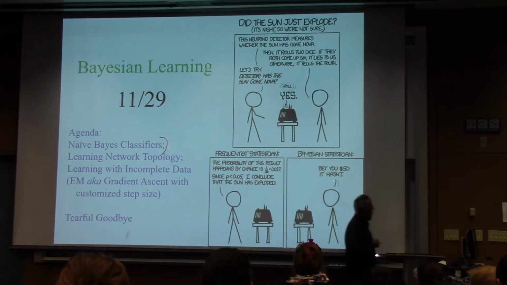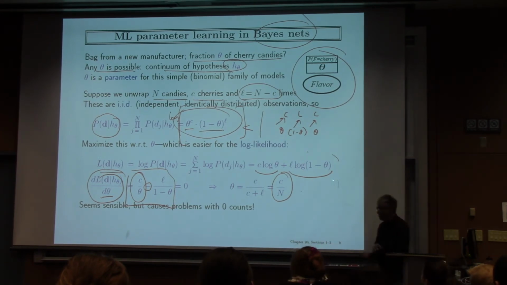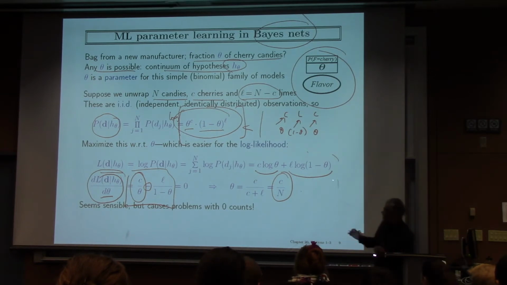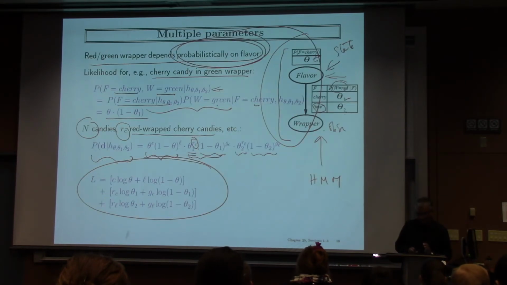So I'll go forward now. Remember that we did maximum likelihood-based parameter learning for Bayes networks after having started from Bayesian learning. And we noticed the steps involved in Bayes network parameter learning.